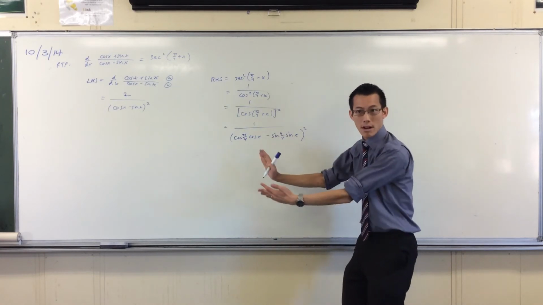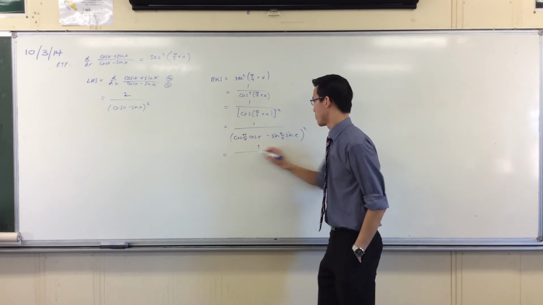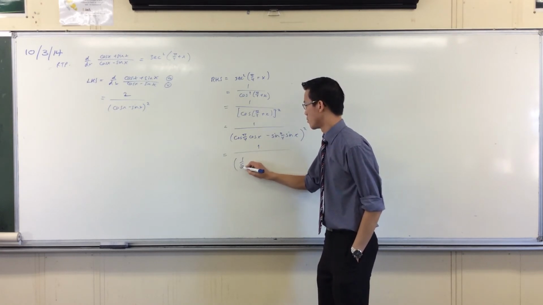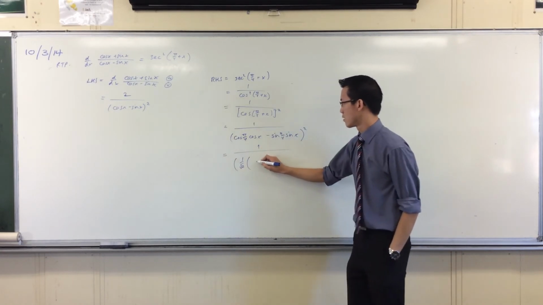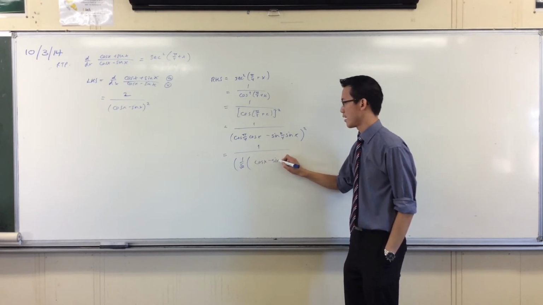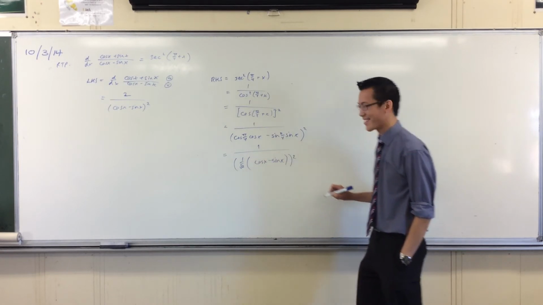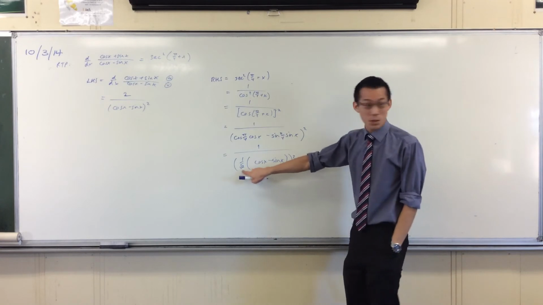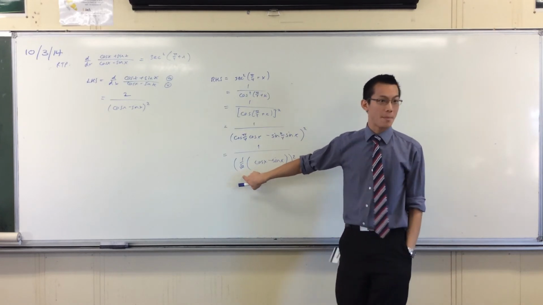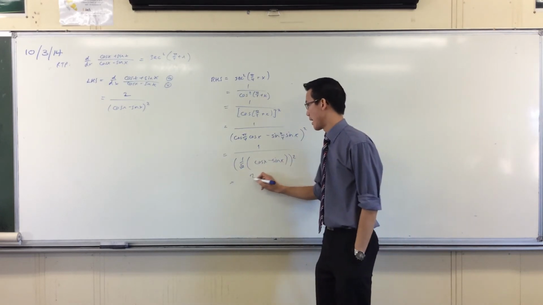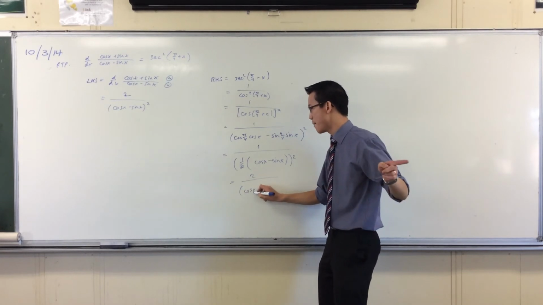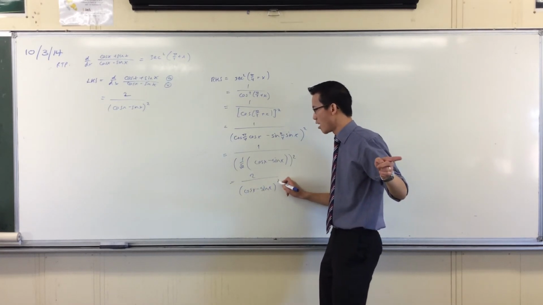So I can factorize them out. 1 on root 2, cos minus sine. That's suspicious, isn't it? Okay. Now, that root 2 there, that's going to become a half, but when you divide by a half, you're really multiplying by 2. Now, remember I said, this is not my proof.